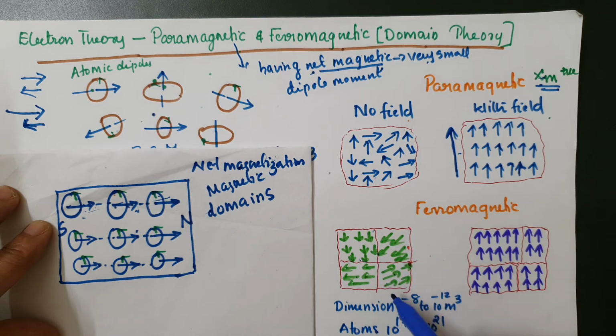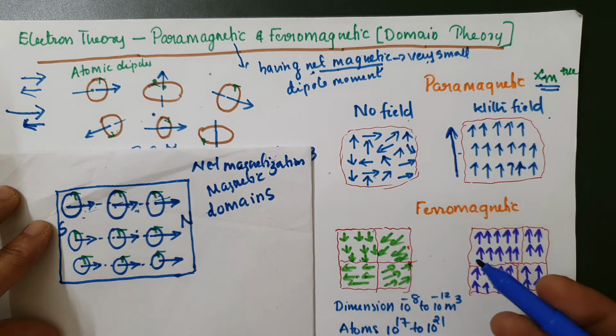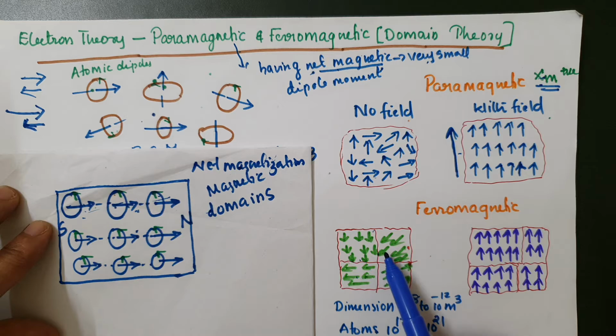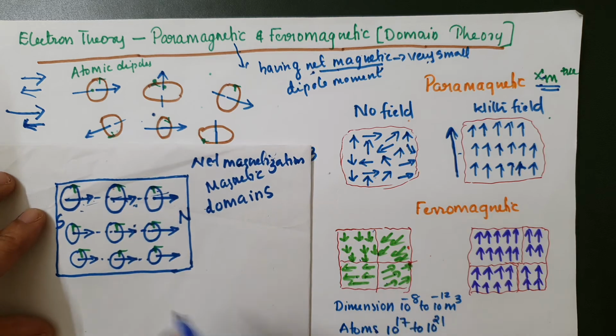So each domain contains a number of atoms, that is, the atoms in each domain number 10^17 to 10^21, and these domains have a volume of 10^-8 to 10^-12 meter cube. And these domains form a simple magnet, and these domains always form a closed loop.